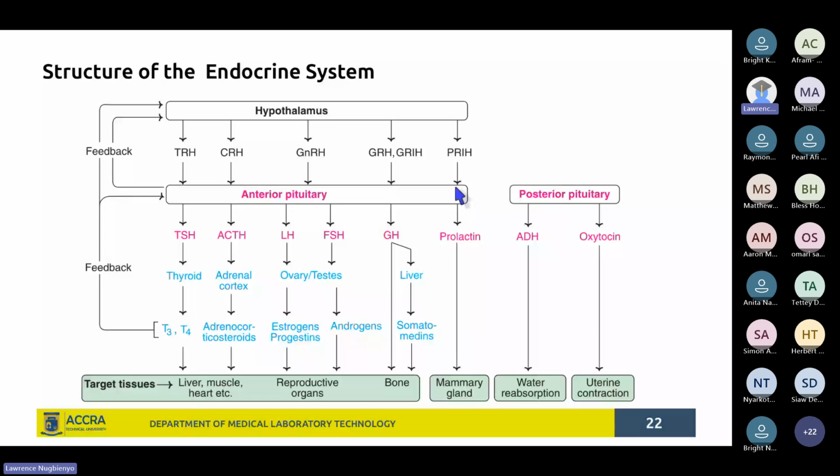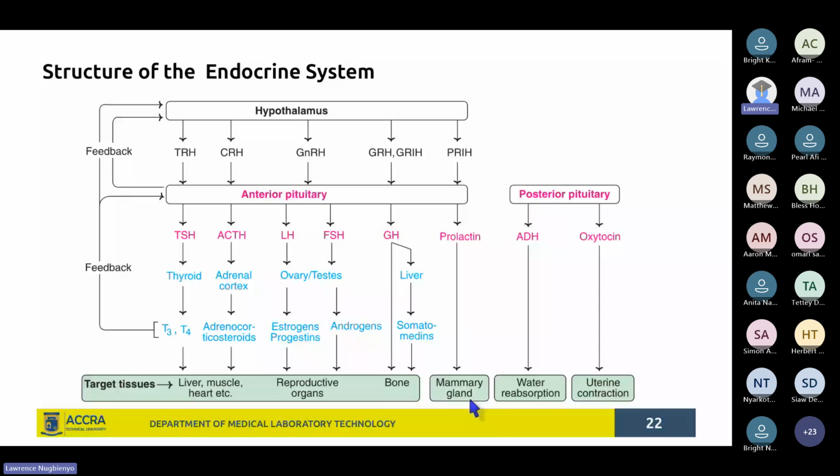It's rather the opposite: the hypothalamus secretes prolactin releasing inhibiting hormone to inhibit that secretion. It's a form of regulation so that you don't have too much prolactin being secreted. And prolactin acts directly on the mammary glands in females, in milk production after childbirth.